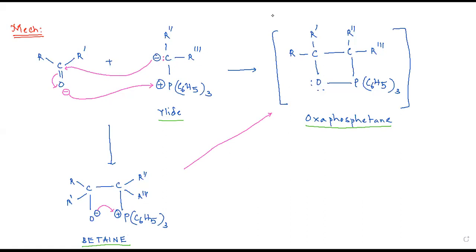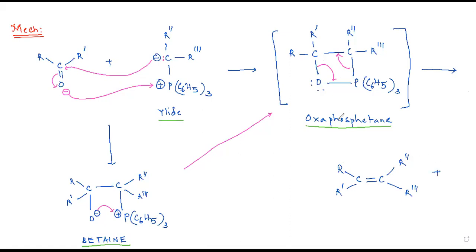But now, see the rearrangement. As and when this comes here, we get our alkene. Simple. That's it. So it's just a 3 or 4-step mechanism. R, C, R', double bond, C, R'', then R'''.